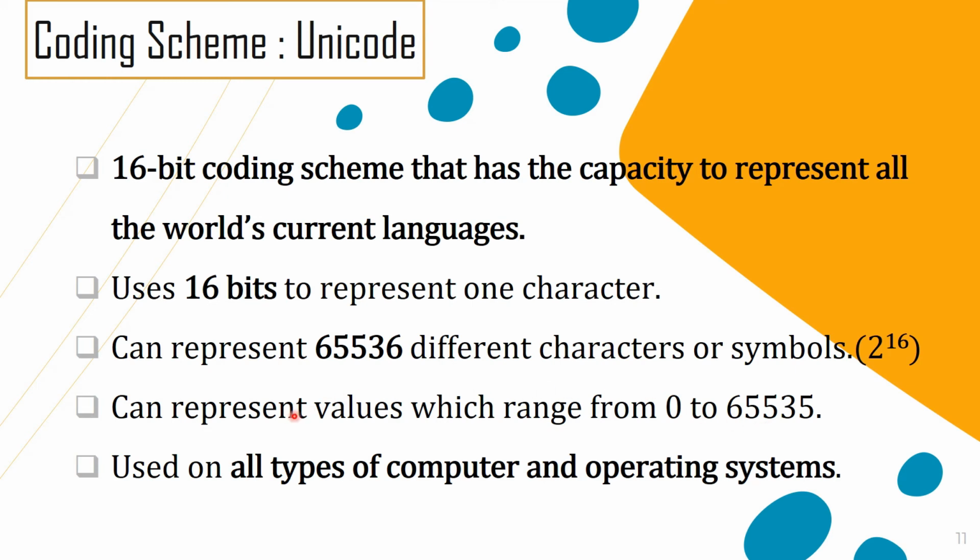And the last characteristic of Unicode, it is used on all types of computer and operating systems. So the three characteristics of Unicode is different than ASCII and EBCDIC. But for the fourth characteristic, it is the same with ASCII. ASCII also used on all types of computer and operating system.